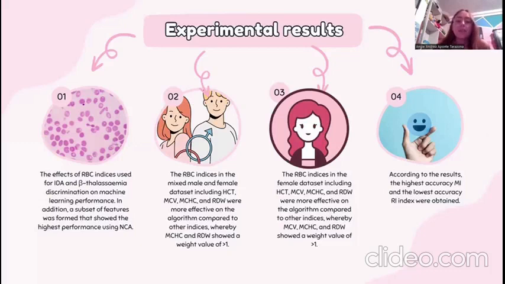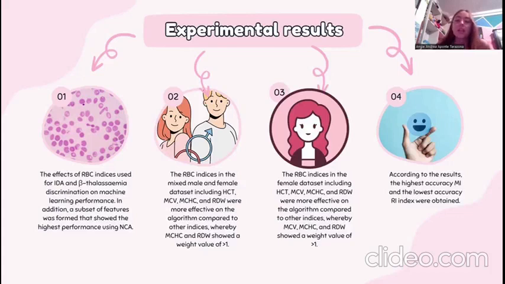The RBC indices in the mixed male and female dataset, including HCT, MCV, MCH, MCHC, and RDW, were more effective on the algorithm compared to other indices, where MCV, MCHC, and RDW show a weight value of more than 1.